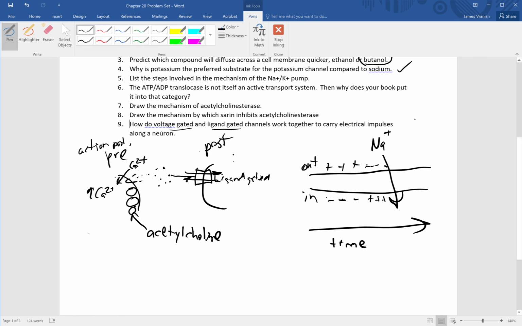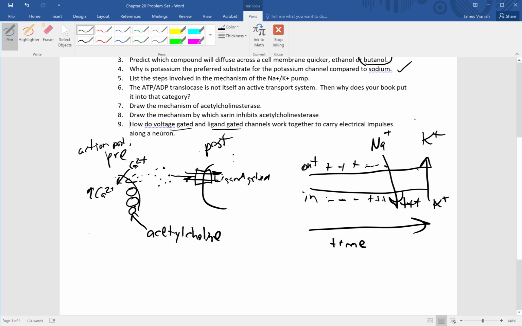This depolarization causes the sodium channels to open up, and sodium rushes into the cell, which creates even more of a positive charge here. This in turn is going to open up the potassium channels, or K+ channels, and cause them to release potassium out at a later point in time.